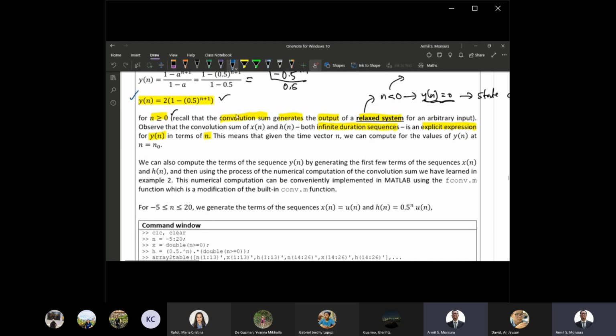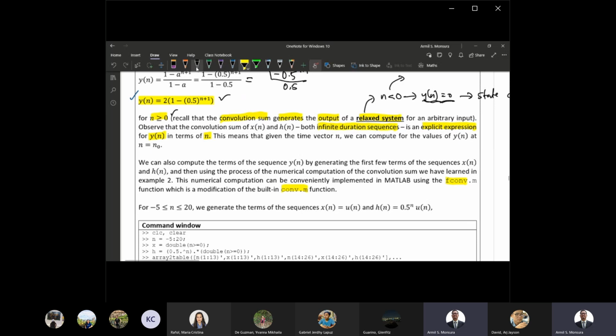Okay? In which we will be modifying yung built-in function ng MATLAB na CONV. Okay? So, merong function si MATLAB na CONV. Okay, i-modify natin siya and write the FCONV na function.